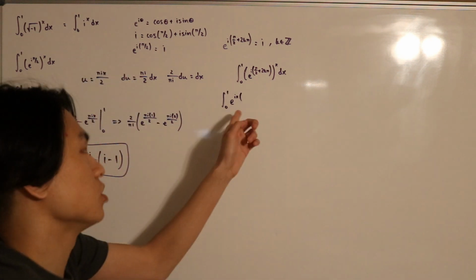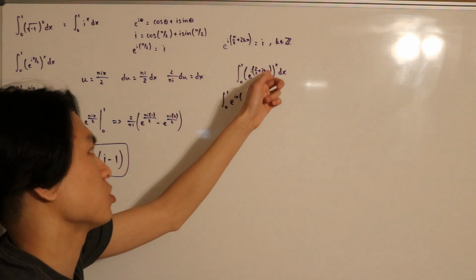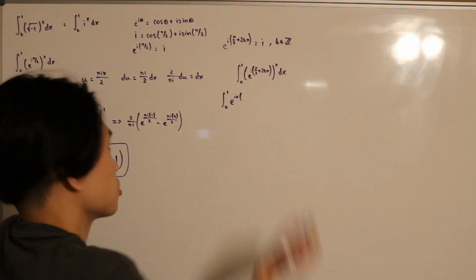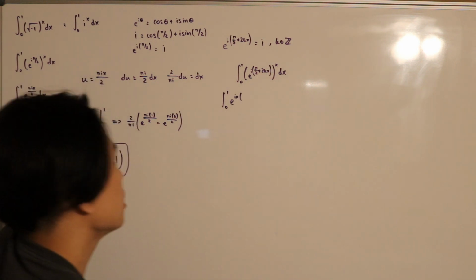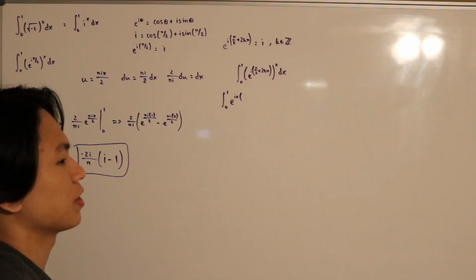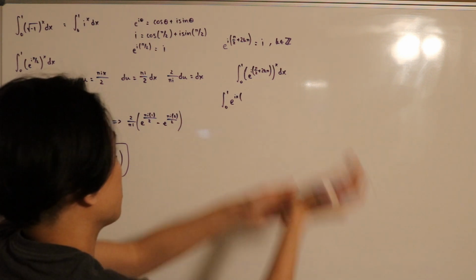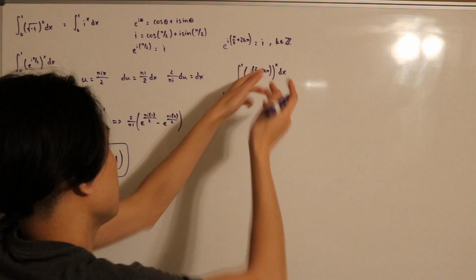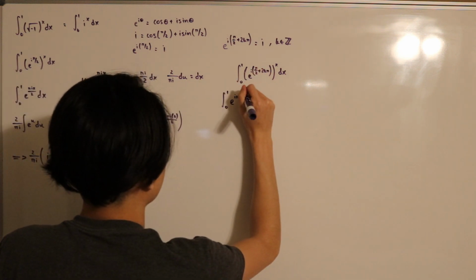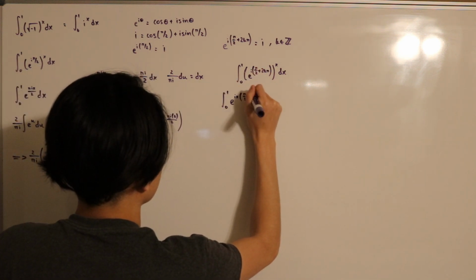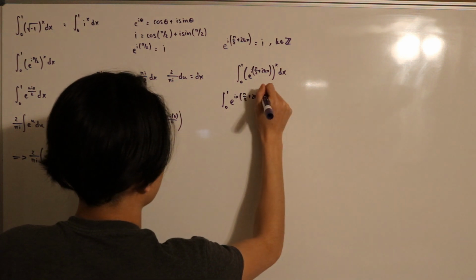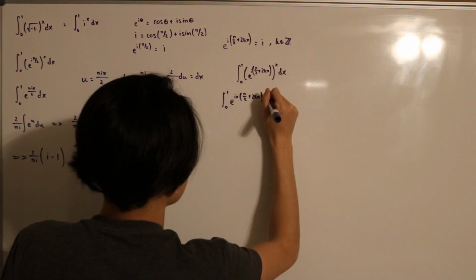I'm actually not going to distribute the ix into pi over 2 plus 2k pi. It's because this is technically just a constant, so this will make integrating a little bit easier than having to distribute the ix to the inside of the constant. So I'm just going to leave it the way it is, plus 2k pi, dx.